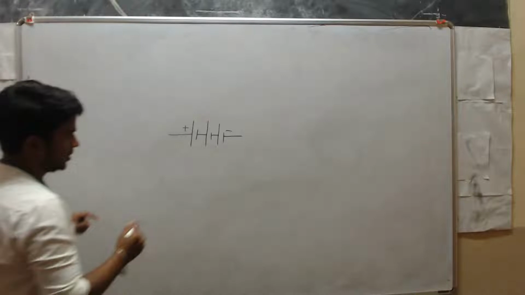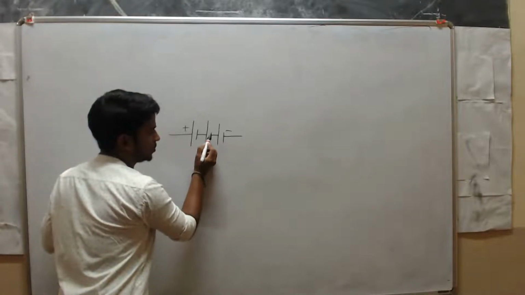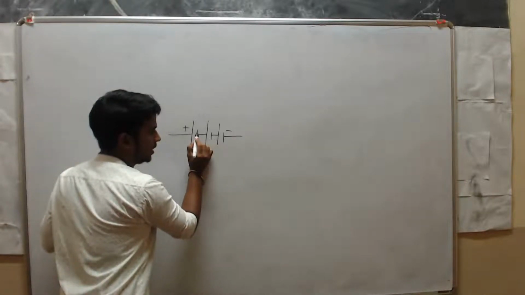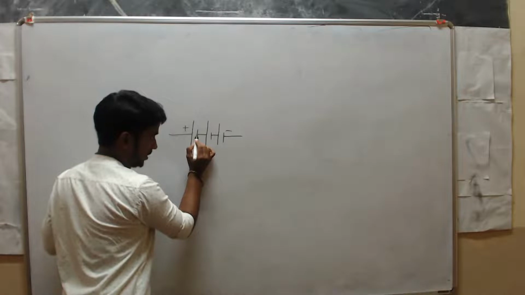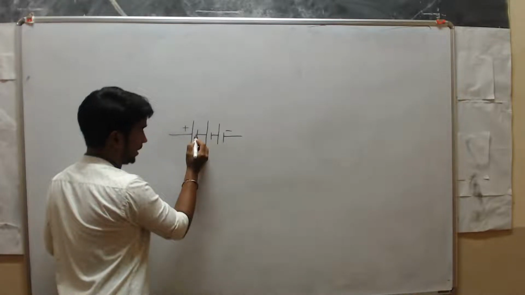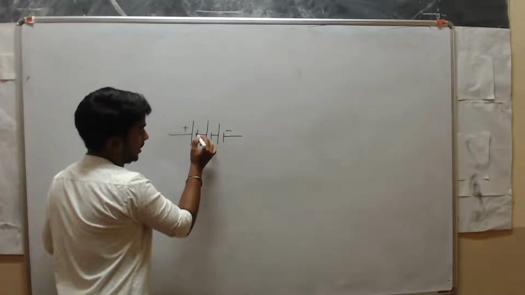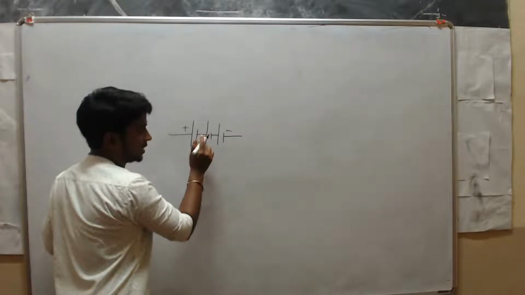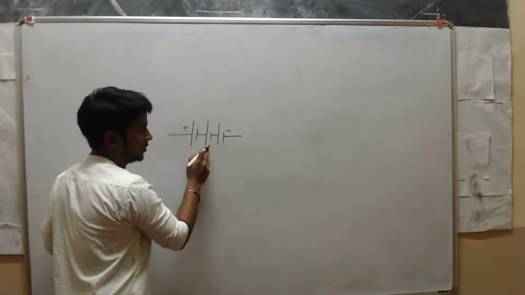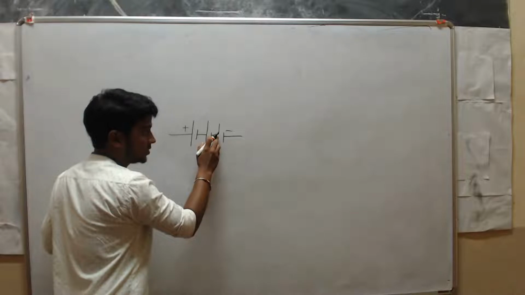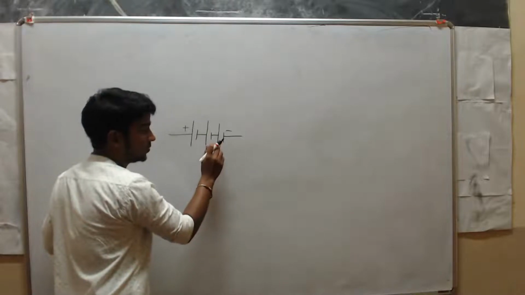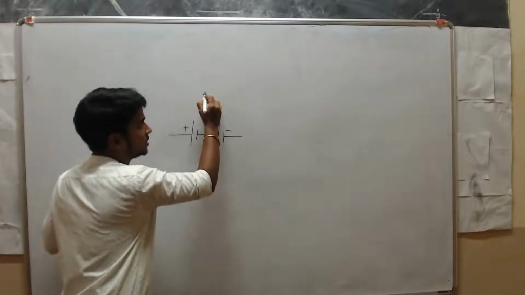Here positive, negative, positive, negative, positive, negative. The negative terminal of this cell is connected to the positive terminal of this cell, then the negative terminal of this cell is connected to the positive terminal of this cell. Here total 3 cells.